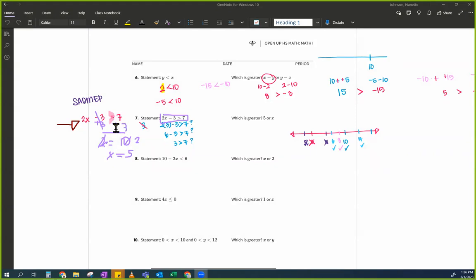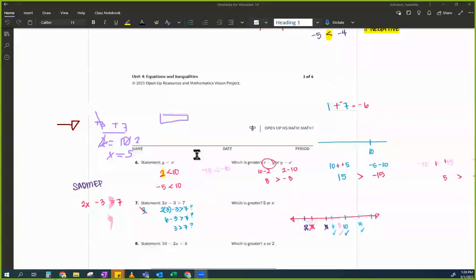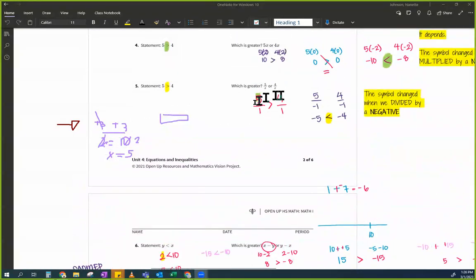Everyone's like, no. So keep the symbol? Yes, keep the symbol. And then when I divided by 2, did my symbol change? Everyone says no. Say it like this, no.